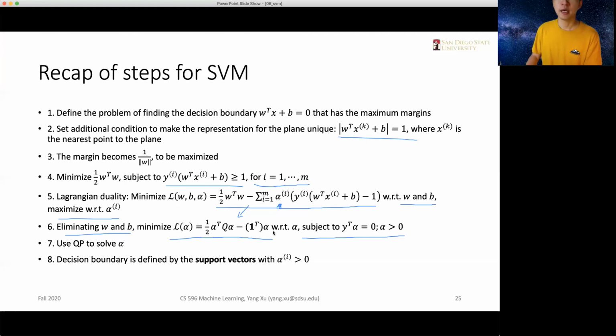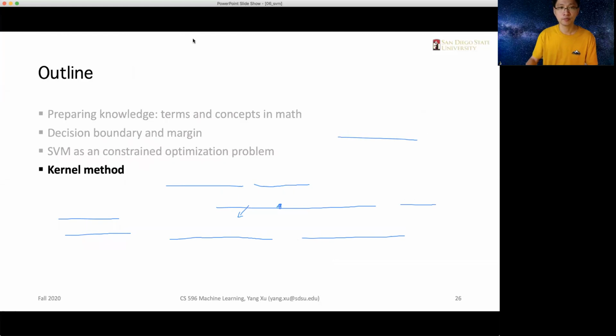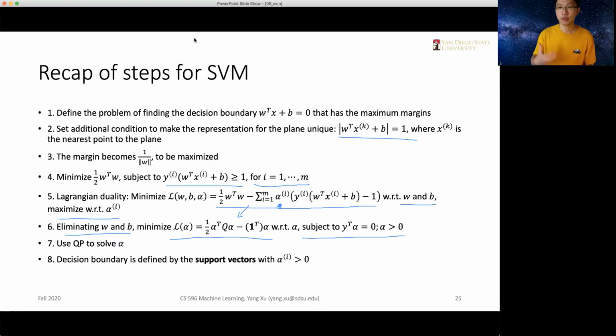So for those alphas that are strictly greater than 0, these are the so-called support vectors, and with the support vectors we can compute the w and b so that the decision boundary can be drawn. So that is the basic steps for the basic support vector machine.